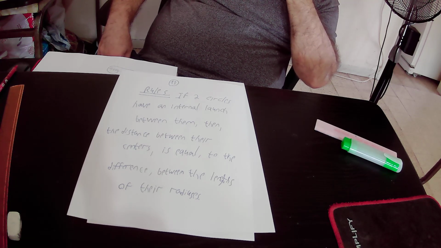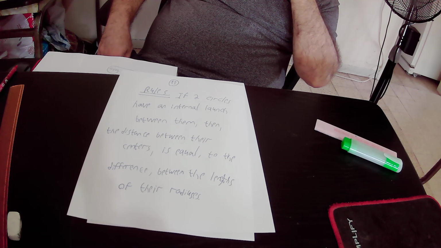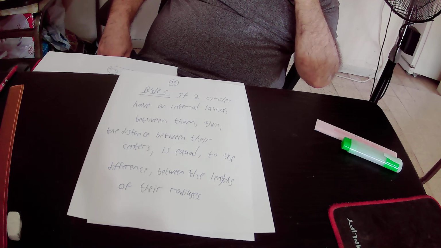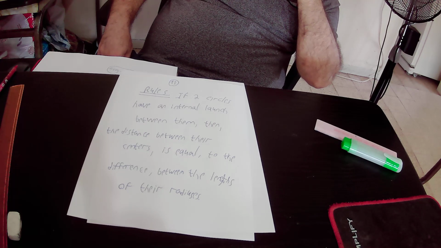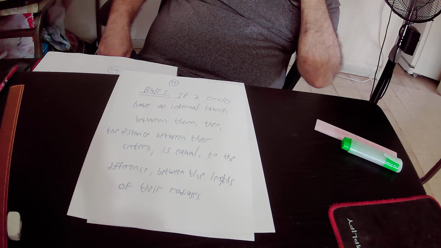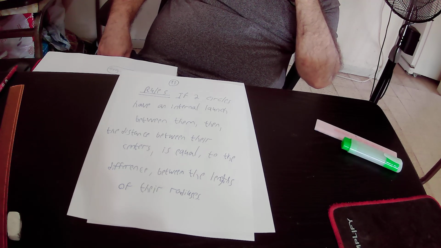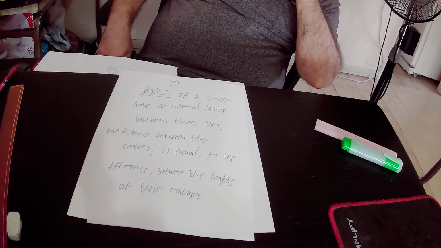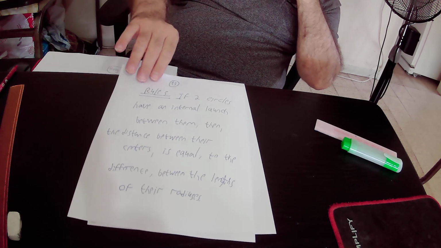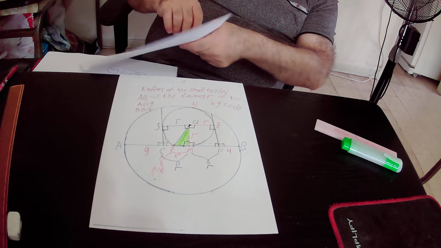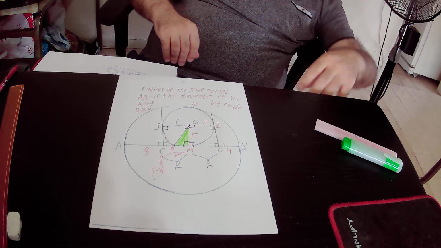So according to rule number 5, the distance between their centers is equal to the difference between the big radius and the small radius.